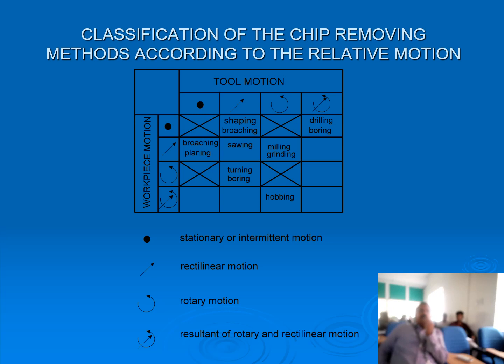On this particular slide, you can see the classification of the chip removing methods according to the relative motion. Hope you can see clearly the black one. This shows the workpiece motion, and this one is the tool motion.